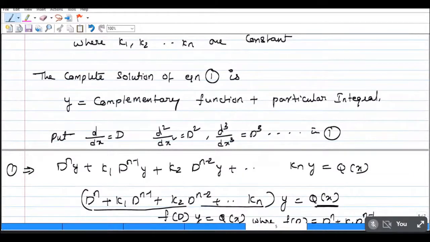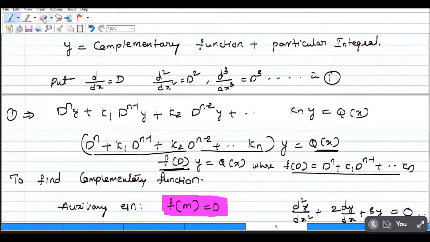Then equation 1 becomes f of D y equal to Q of x.